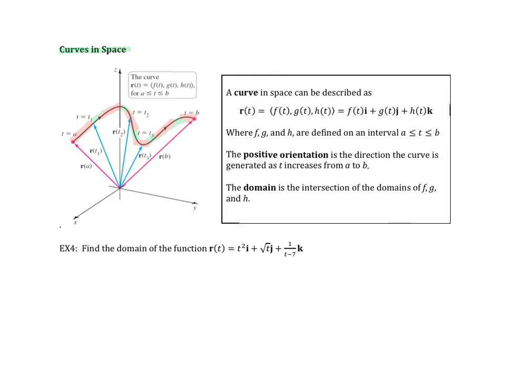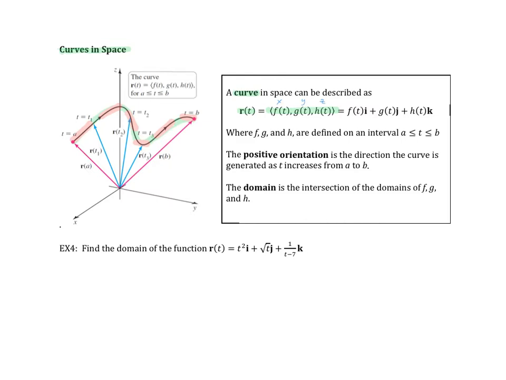So first of all, when we describe a curve in space in terms of a vector valued function, the components are going to be functions of t. So you can think of this as being sort of the x value, the y value, and the z value. They're all functions of t.